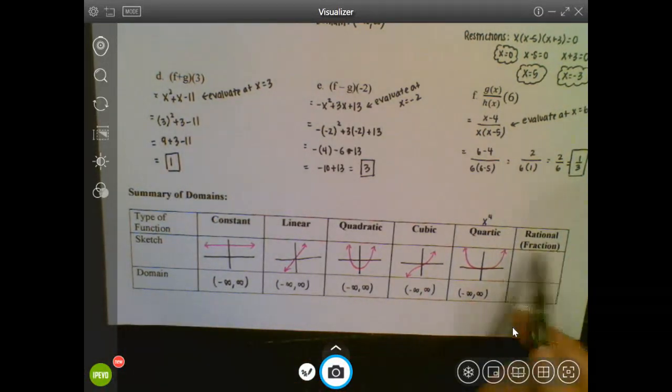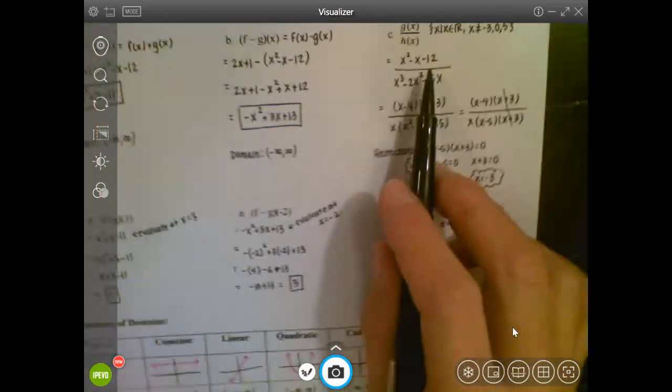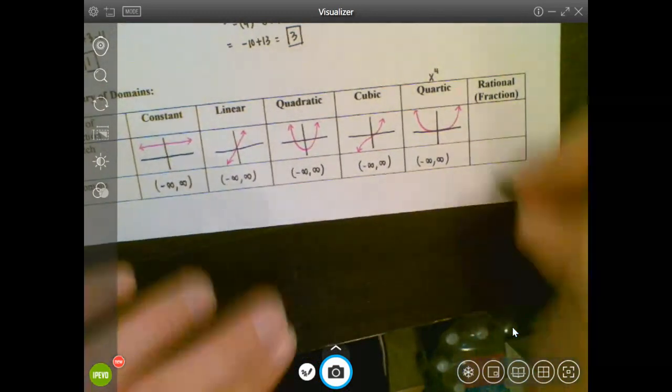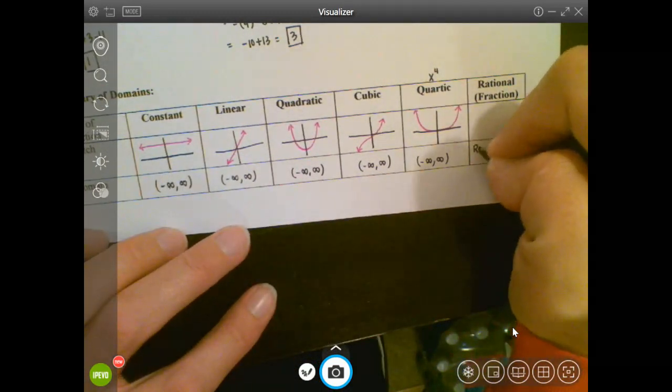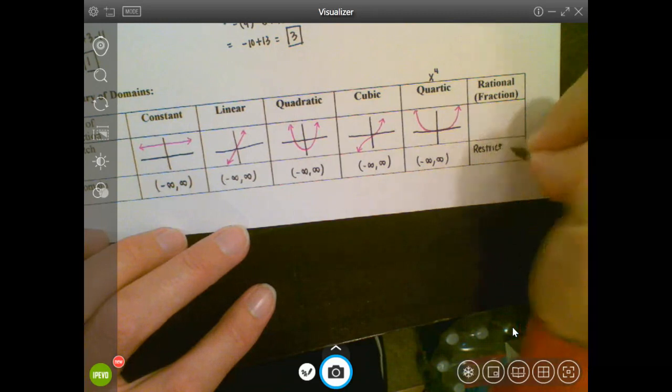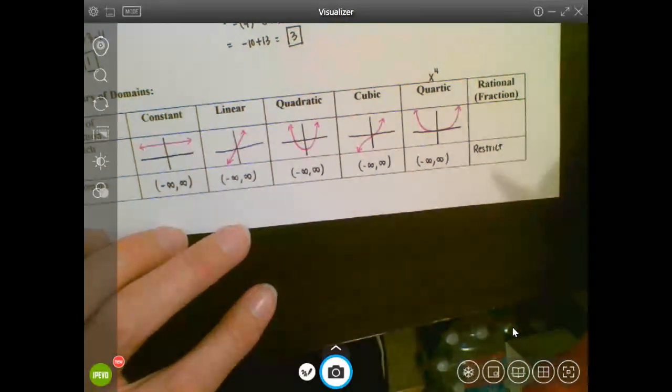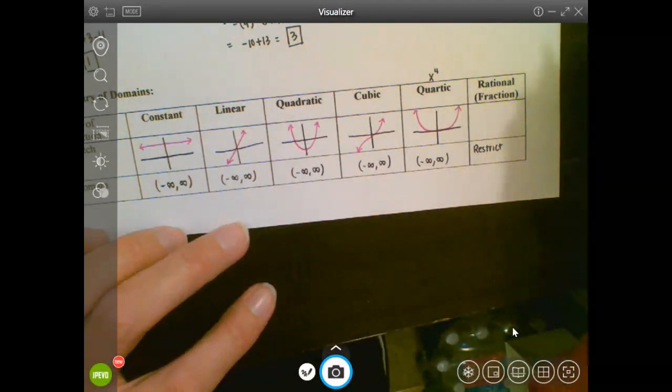The rational or the fraction function, like the ones we were working with in example C, we know that their domains are a little bit different. So we have to restrict, and we're going to talk about the actual graph a little bit later in later units.